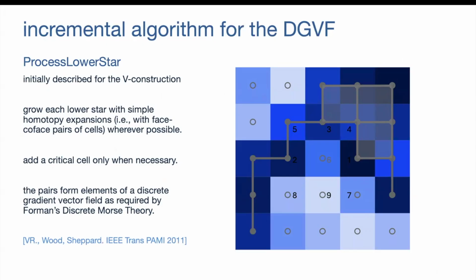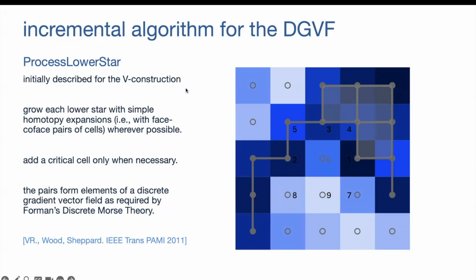Okay. So now I'm going to do a very quick review of this algorithm process lower star, which is the algorithm that Adrian Shepherd, Peter Wood, and myself came up with many, many years ago. And so this was a method for growing our cubical complex one lower star at a time.